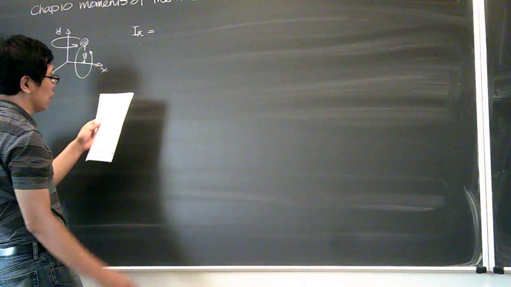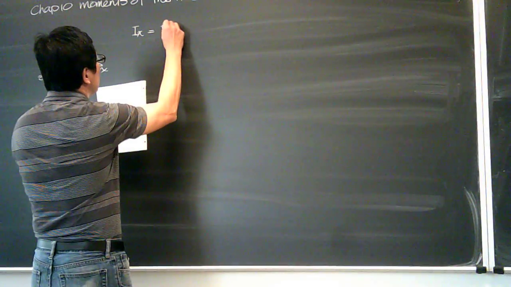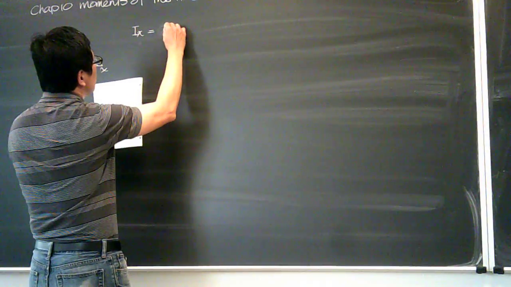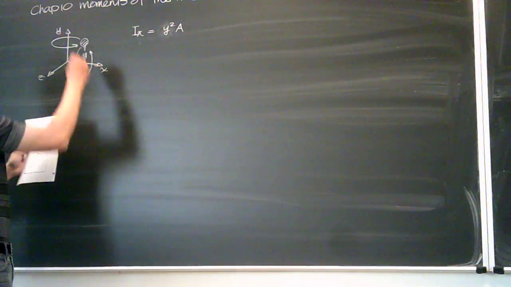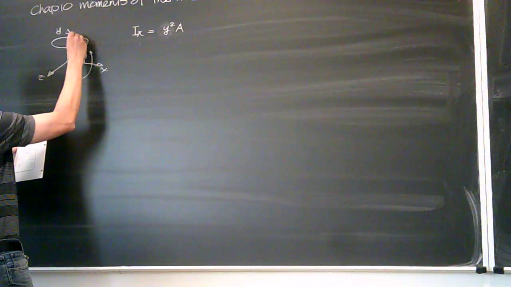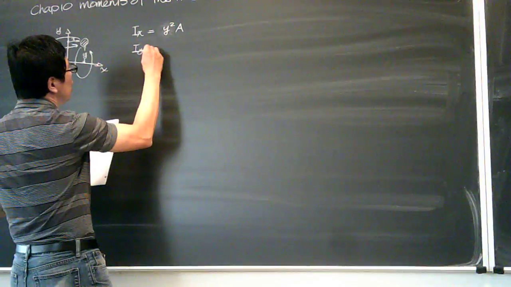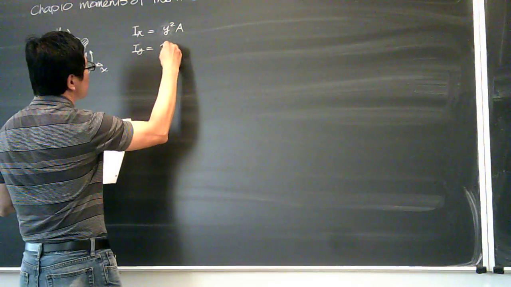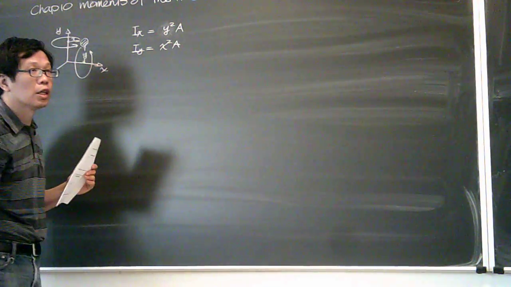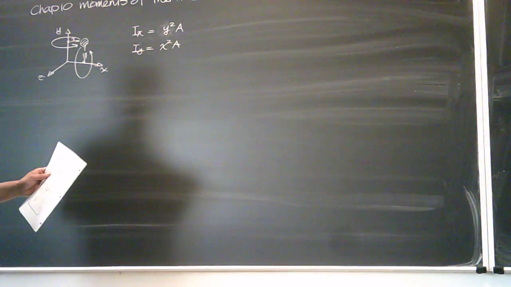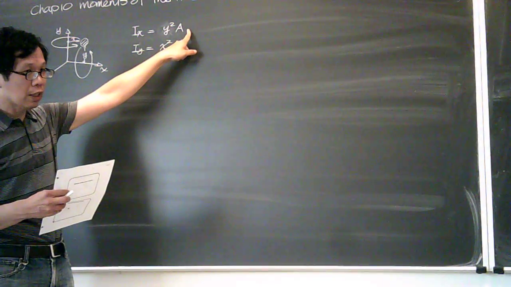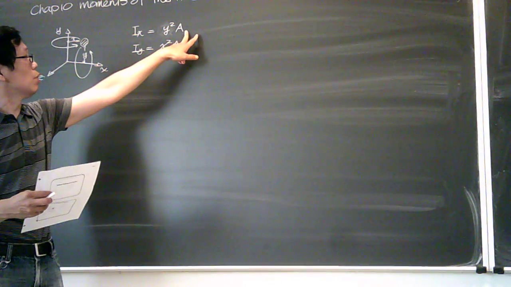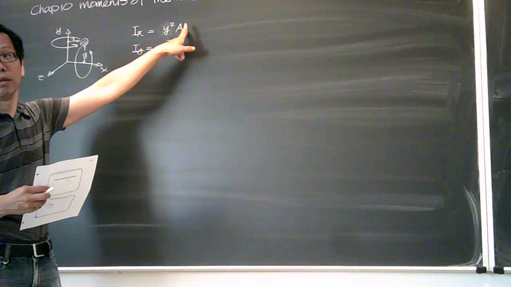If we are talking about the area moment of inertia, then Ix equals y squared multiplied by A. If we have this one rotated around the y-axis, then Iy equals x squared A. So that's a basic definition of moments of inertia. If you need to find real moments of inertia, you simply replace A with mass. Then you get everything.